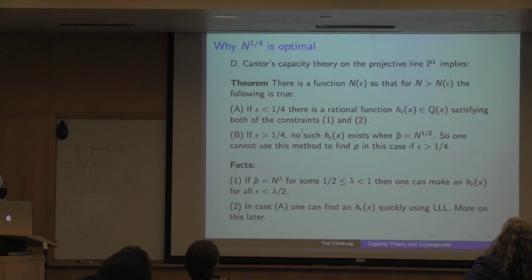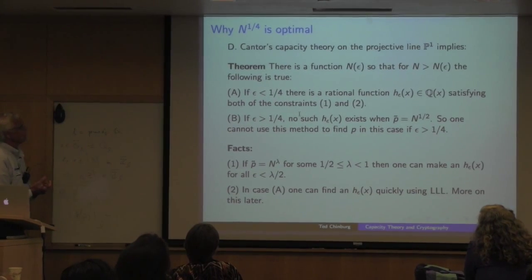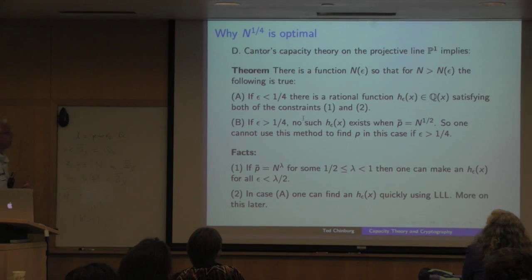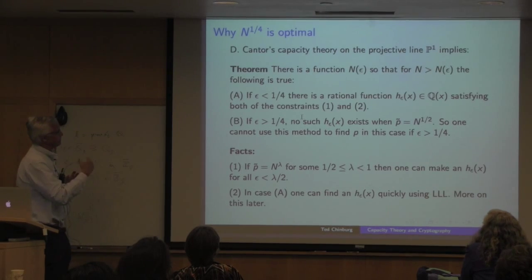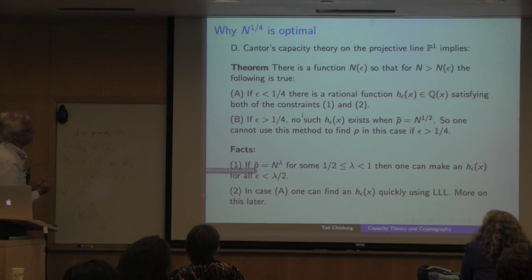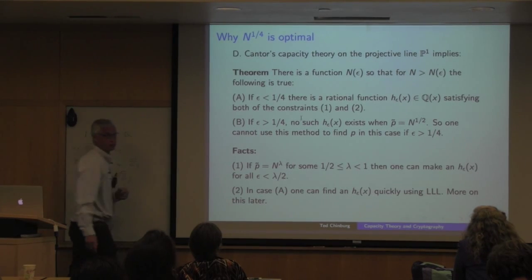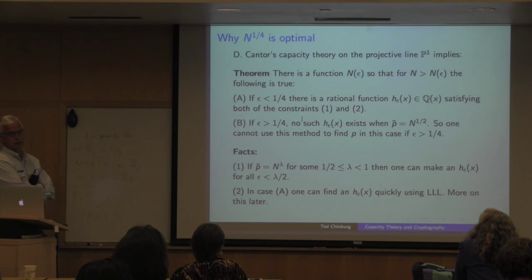So what he proved was that if we take an epsilon and we're trying to find this auxiliary function of the type that I talked about, as long as you have integers that are at least some size that you can be very explicit about, if epsilon is less than a quarter, you can find this kind of rational function. They exist. And I'm going to talk about how he proved that they exist.